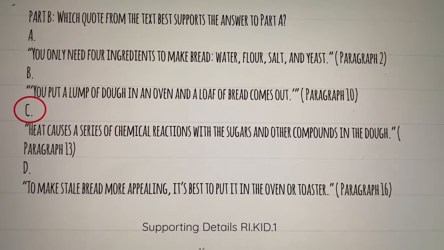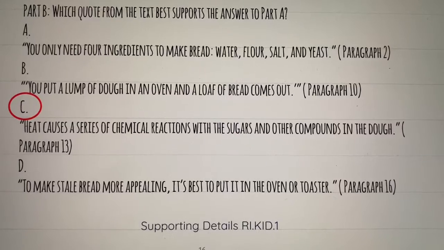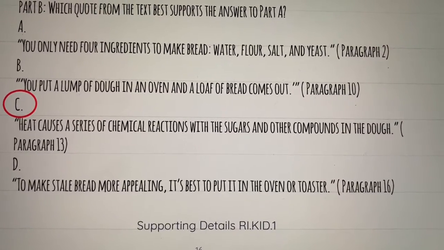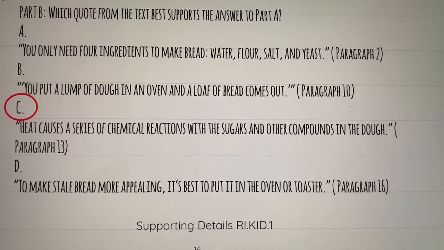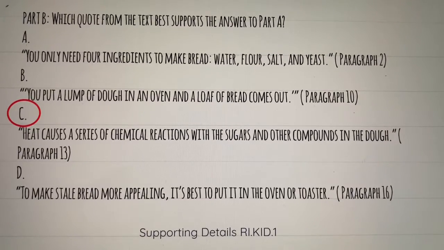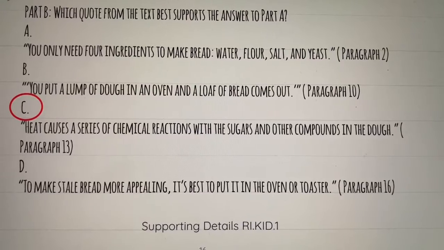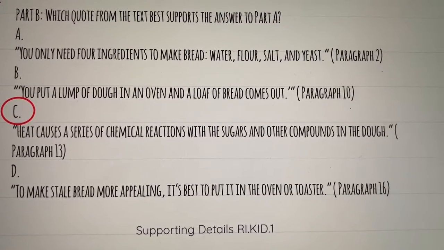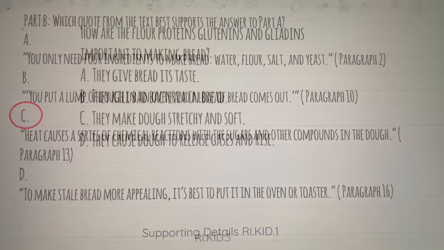B and D are part of the process, but really what gave me the best support was those chemical reactions. I really think that is supporting what the author is trying to tell us, that the making of bread happens through a series of chemical reactions from the beginning even to the process of becoming stale.